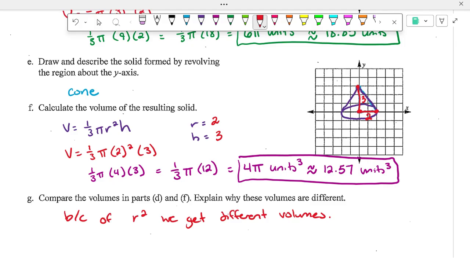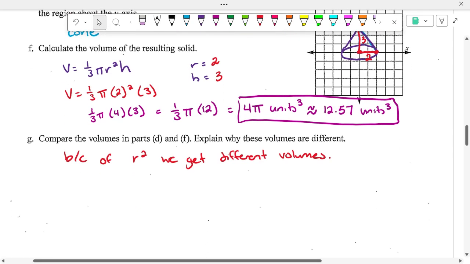So guys, if this was on your test, you'll typically be given either a rectangle or a triangle, and asked to rotate either around the x or the y axis. All right. And then all you have to do is determine whether it's going to be a cone or a cylinder, and then figure out the measurements, which is usually the dimensions of the triangle or rectangle.